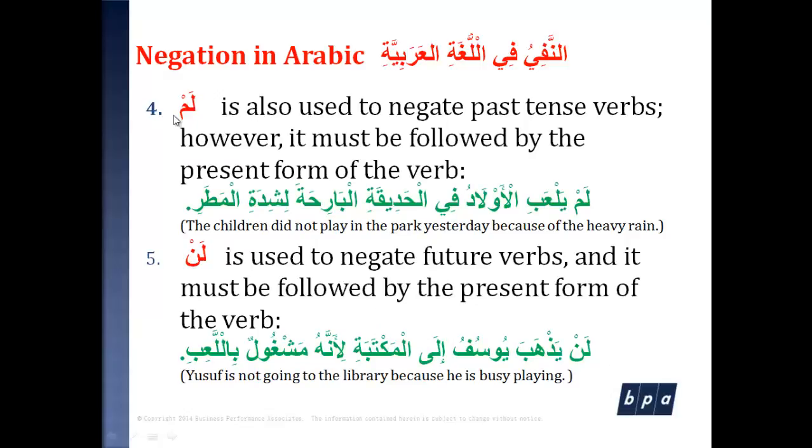We continue. لم is also used to negate past tense verbs. However, it must be followed by the present form of the verb. So it gives the meaning of the past, but it is followed by the present form of the verb. لم يلعب الأولاد في الحديقة البارحة لشدة المطر.